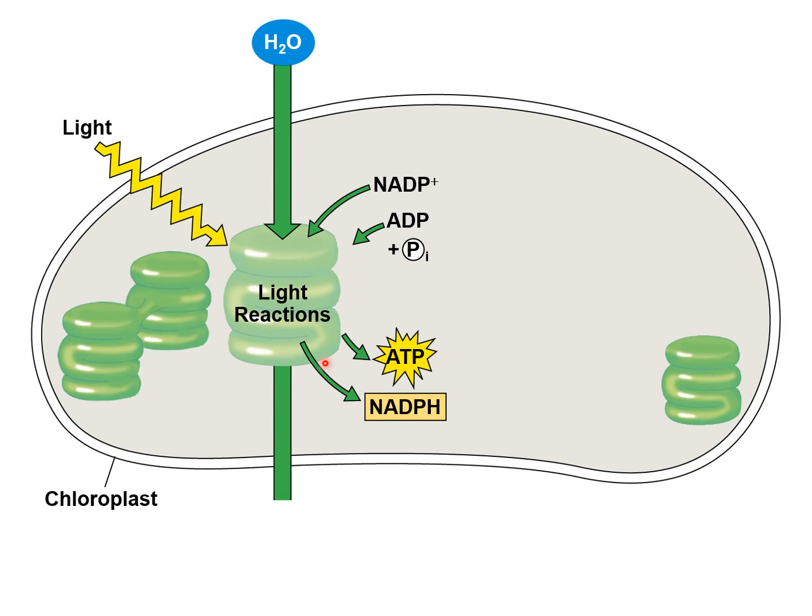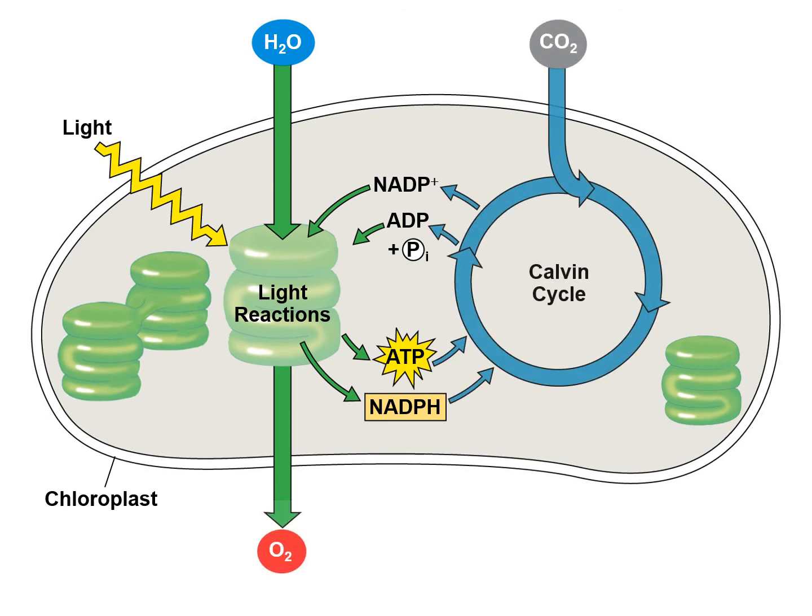When we're done with the light reactions, we'll have some ATP and we'll have NADPH, which will serve as fuel for the Calvin cycle. Now, we make ATP in mitochondria in plants as well. So this is not the only source of ATP found in a plant cell. That Calvin cycle will eventually regenerate ADP and Pi, regenerate oxidized NADP.